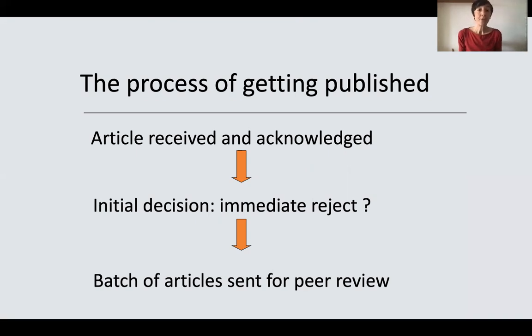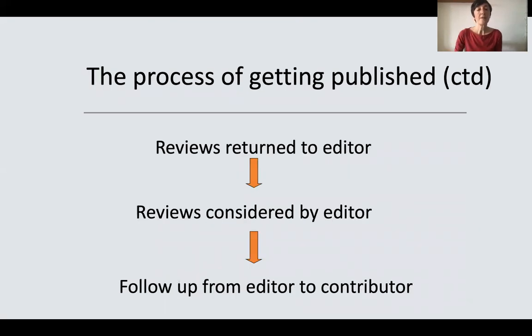Then when we have a number of articles or a batch of articles available, we send them off to peer review. And we look at the peer review process a little bit more in detail later. But for the moment, just to mention that the peer review process normally takes a month, and there are 2 reviewers that carry it out. Once they submit their reviews, once their comments and feedback are emailed back, the editor reads both comments and feedback.